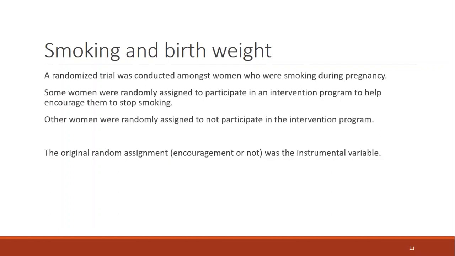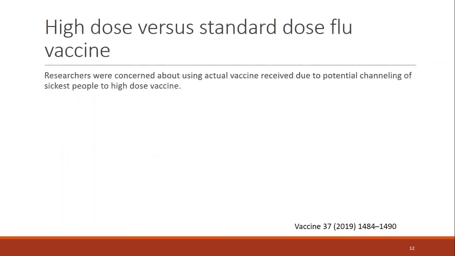All right, the next one is a high dose versus standard dose flu vaccine. And so again, the concern with some of the observational research was that maybe people who were being given the higher dose flu vaccine were being given it because they were already sicker. So maybe it was this selective providing of the high dose vaccine to those who had more comorbidities and more risk of outcomes.